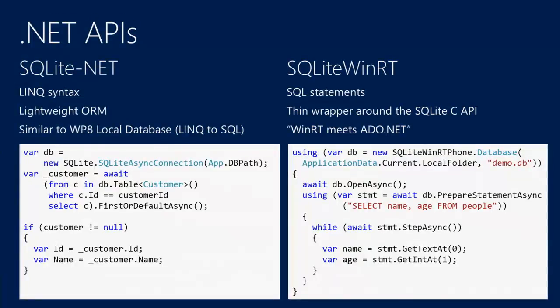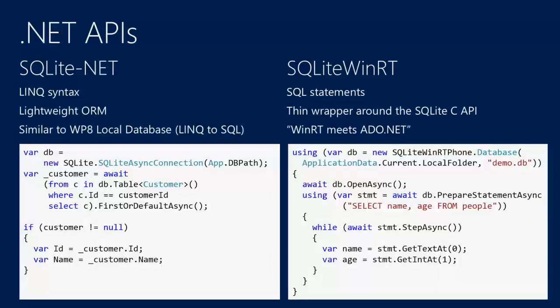It is a very thin wrapper around the SQLite C, C++ API. The SQLite C, C++ API has a prepare statement method, where you get your SQL statement ready for executing. In our API, it's called prepare statement async. This is a very modern, Windows runtime style API that we've built here. It's all asyncified, and it throws exceptions when things go wrong, so it's very much in the modern idiom.